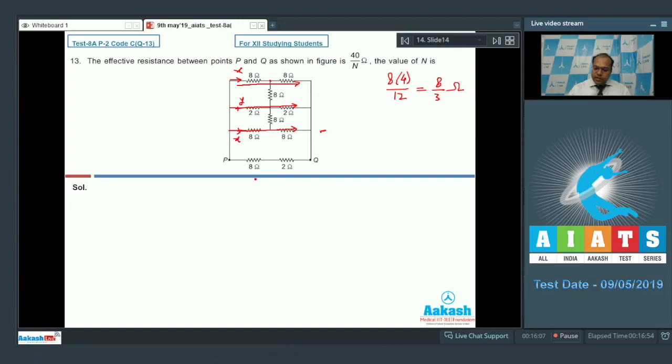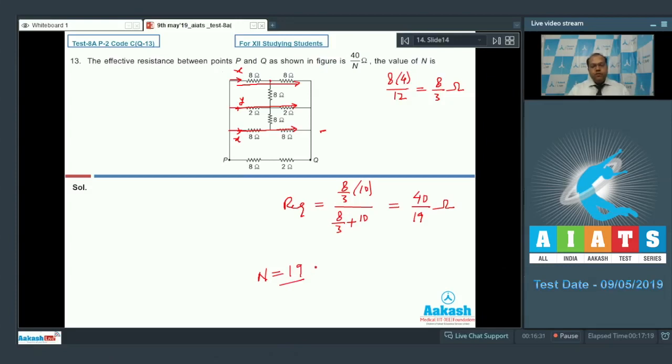Now this 8 by 3 ohm is in parallel with this 10 ohm. So R equivalent between points P and Q would be (8 by 3 into 10) divided by (8 by 3 plus 10). On further solving, it comes out to be 40 by 19 ohm. So on comparison, the value of n comes out to be 19.